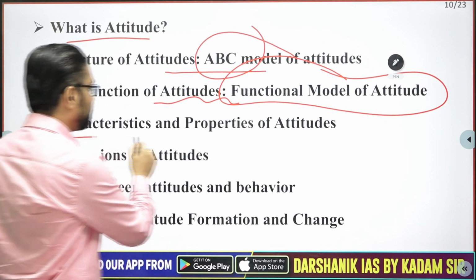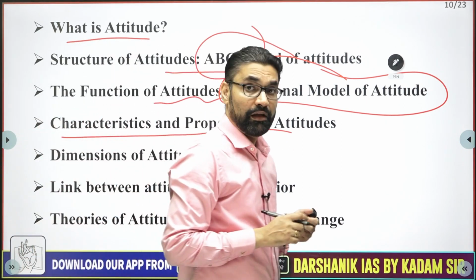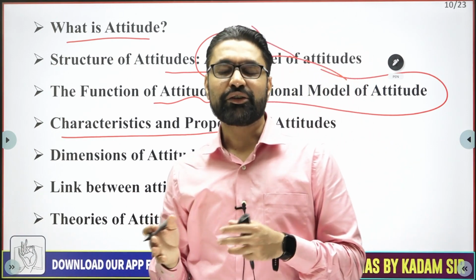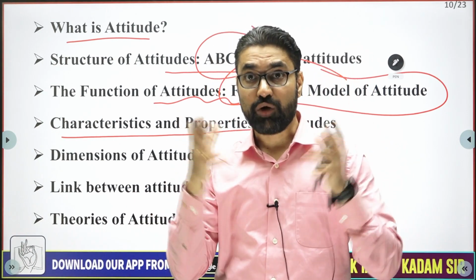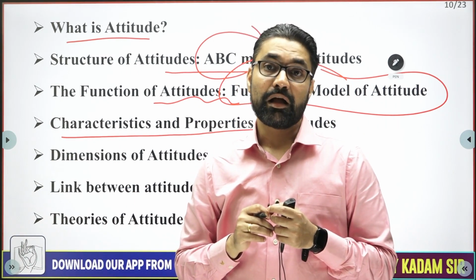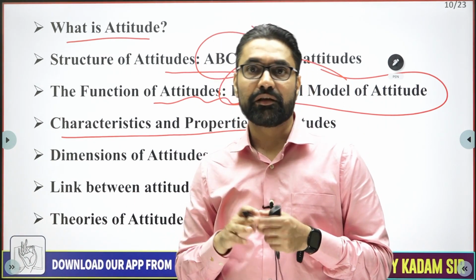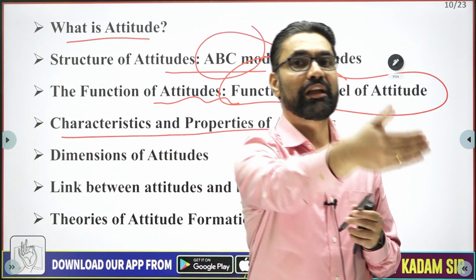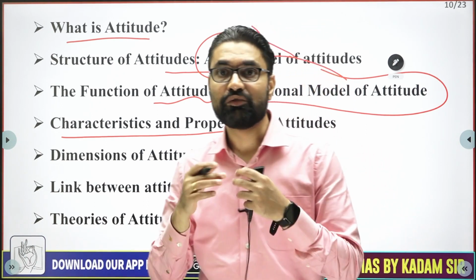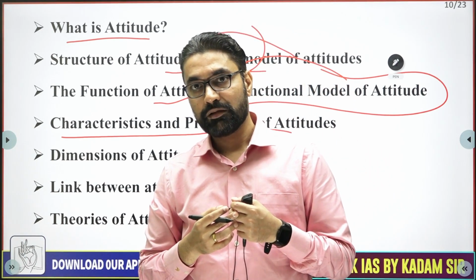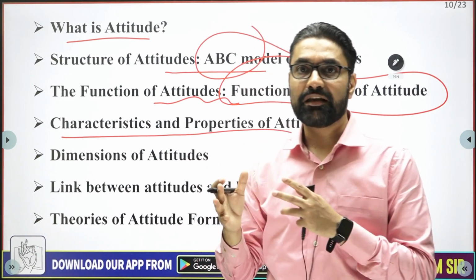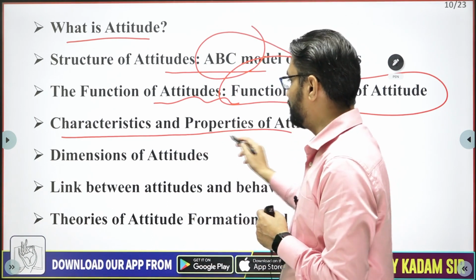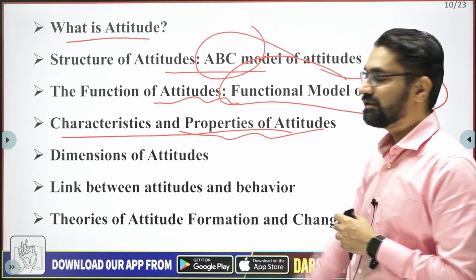Then we'll discuss the characteristics and properties of attitudes: whether they are positive or negative, whether an attitude exists alone or there is complexity, and whether there is valence. Do you hate something or extremely hate something, love something or extremely love something? Is there a degree involved in your attitudes? So these are the characteristics: degree, valence, simplicity, complexity.